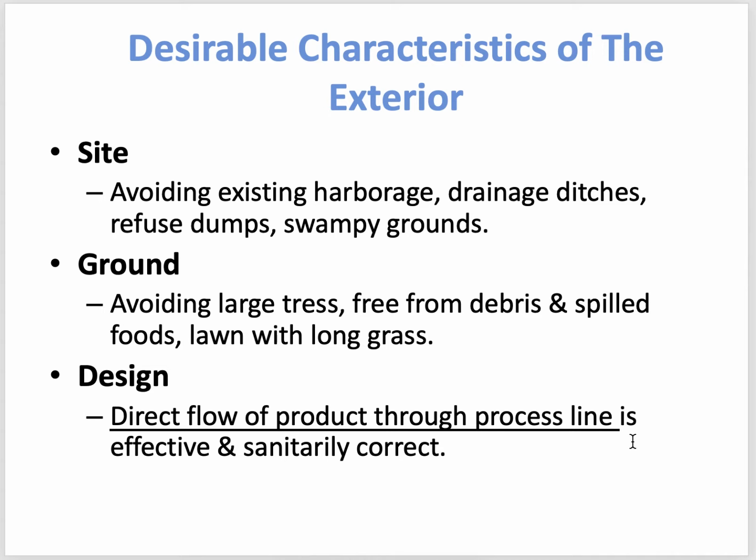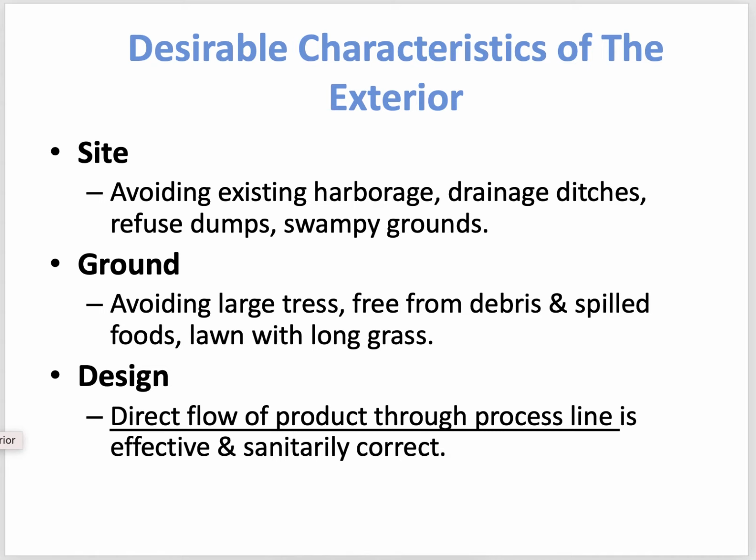This will increase the chance of contamination. So if you can make this workflow automatic or direct, it will decrease the chance of contamination, and maintaining sanitation will also be easier.